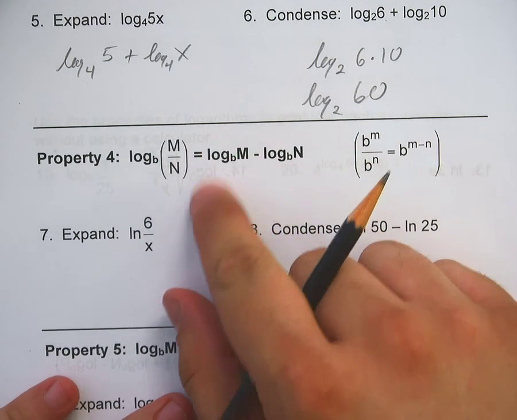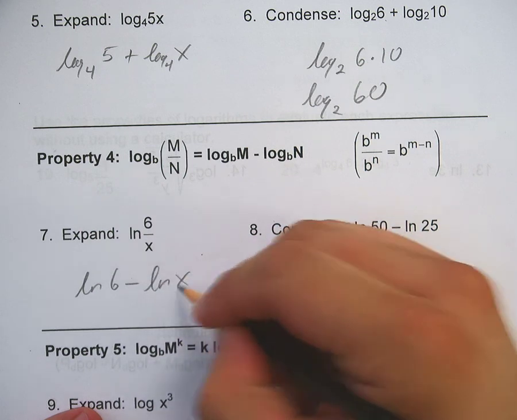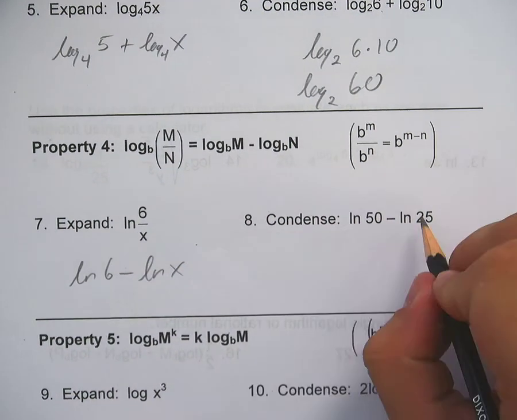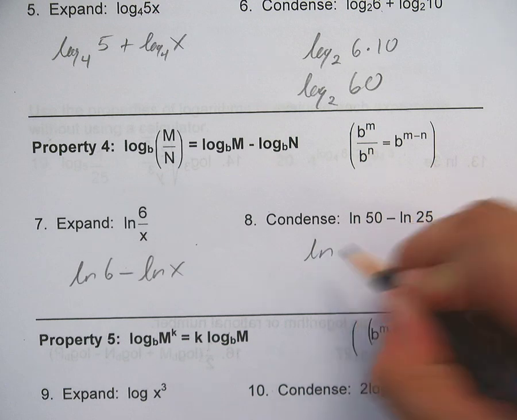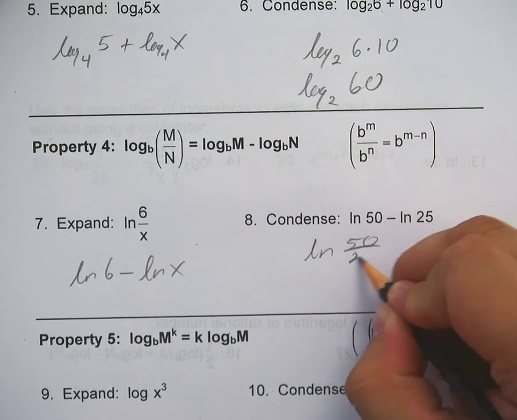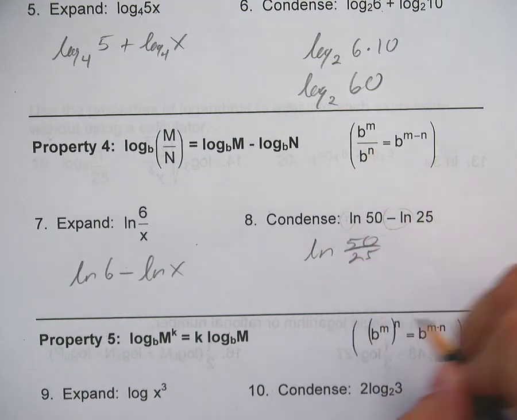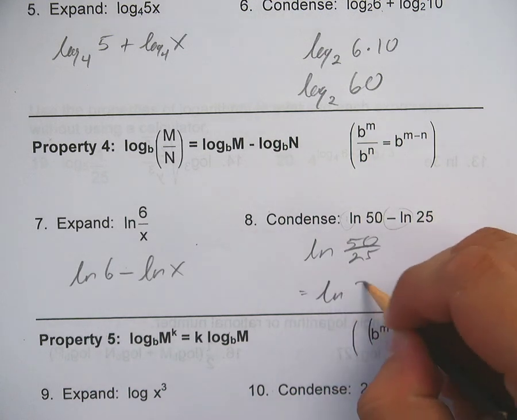So if you're starting out dividing, this is the natural log of 6 minus the natural log of x. The condensing portion is the natural log of 50 over 25. This one is positive, this one is negative, so the negative goes on bottom, which is the natural log of 2.